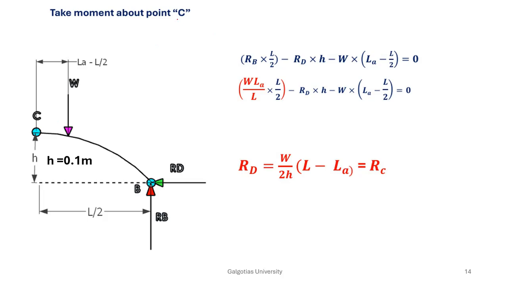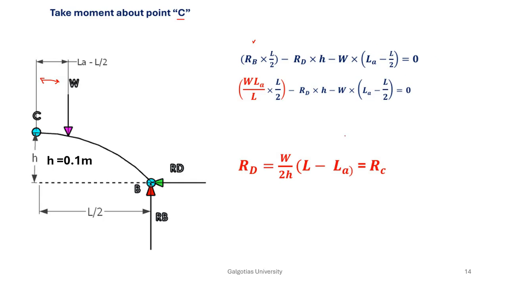You take moment about point C. You can see that RB times L by 2 creates an anti-clockwise moment, RD times H creates a clockwise moment, and W times this distance, which is LA minus L by 2, will create a clockwise moment.